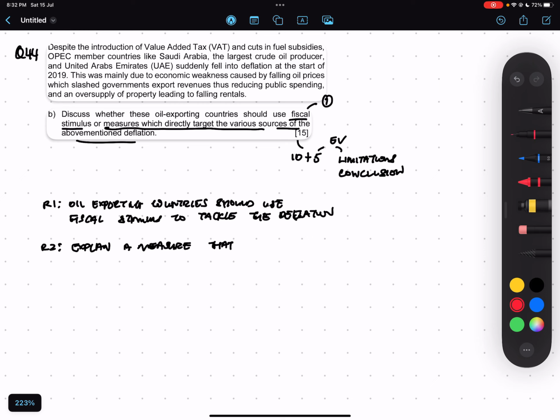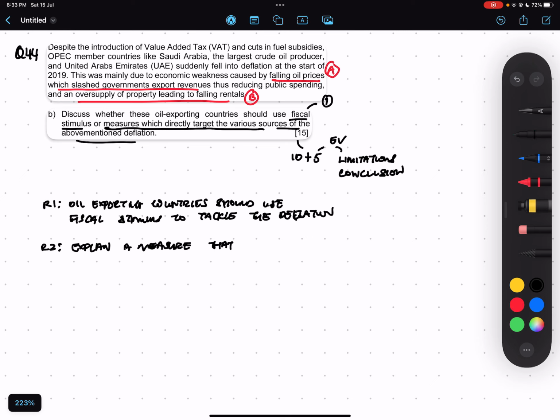So there's two sources of deflation here, right? So one is that there is falling oil prices, which cause government export revenue to decrease. And then there's also an oversupply of property leading to falling rental. So you can go for either A, the oil prices, or B. Yeah.